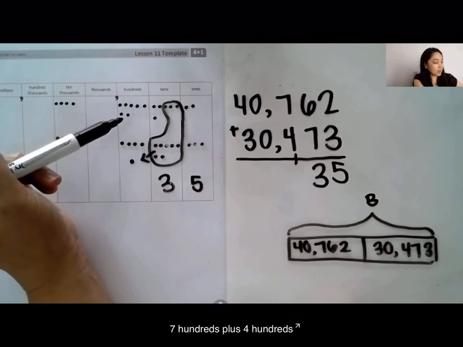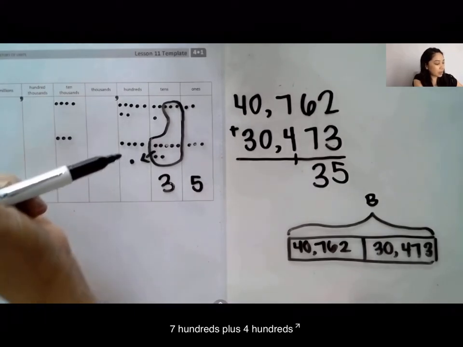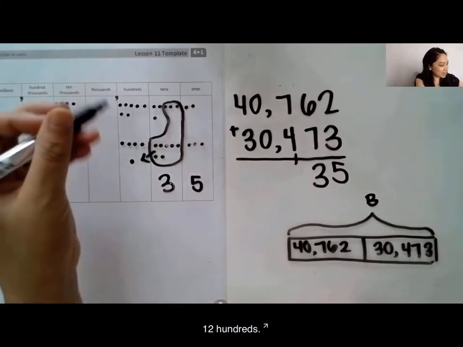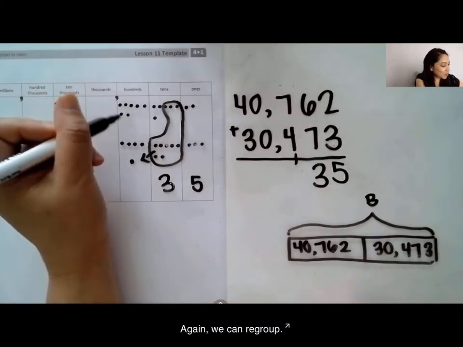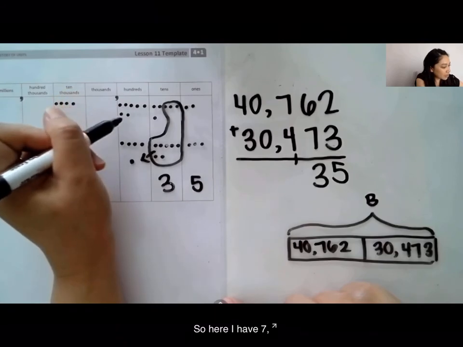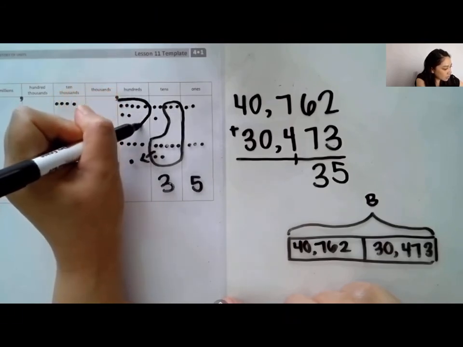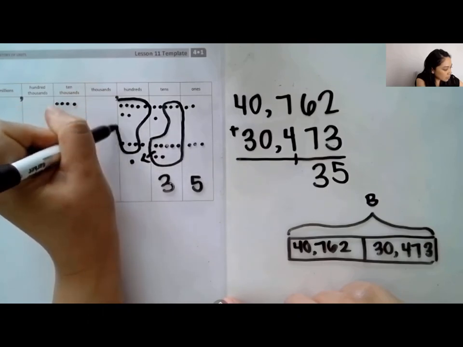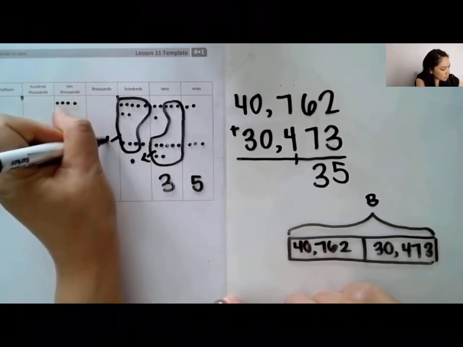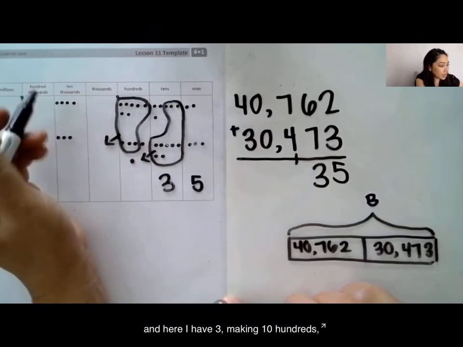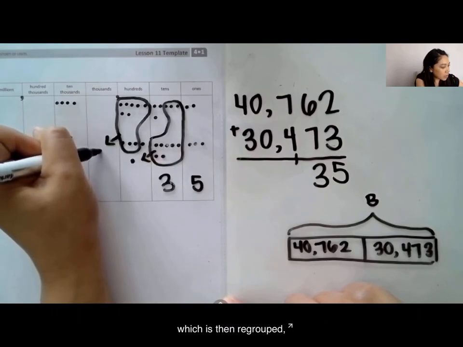7 hundreds plus 4 hundreds plus 100 equals 12 hundreds. Again, we can regroup. So here I have 7. And here I have 3, making 10 hundreds, which is then regrouped.